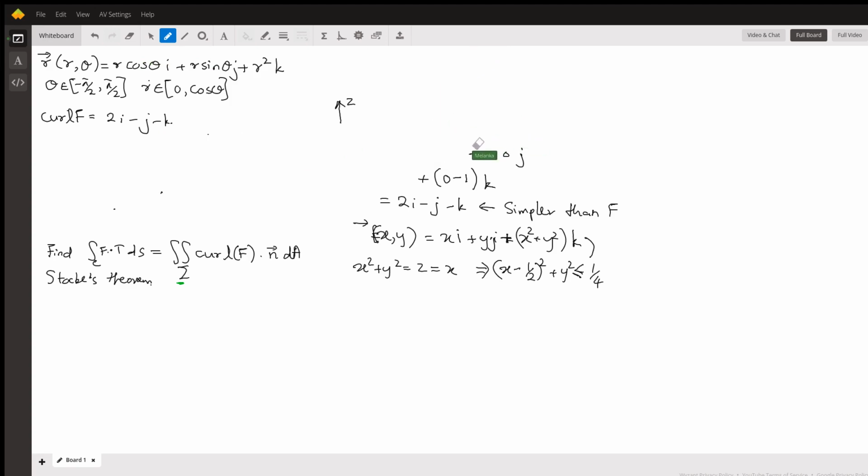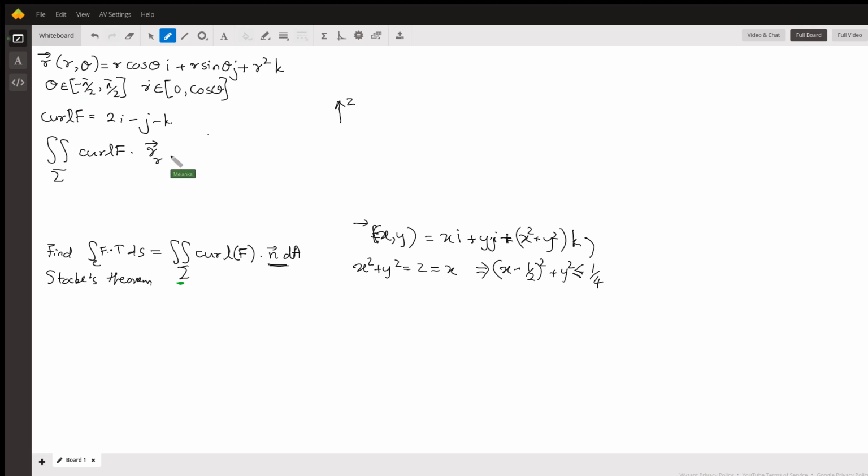Right, so now we just need to compute the integral over sigma of curl of F dot n dS, where n dS is given by the derivative of r with respect to r, crossed with the derivative of r with respect to theta, then dr d theta, right?